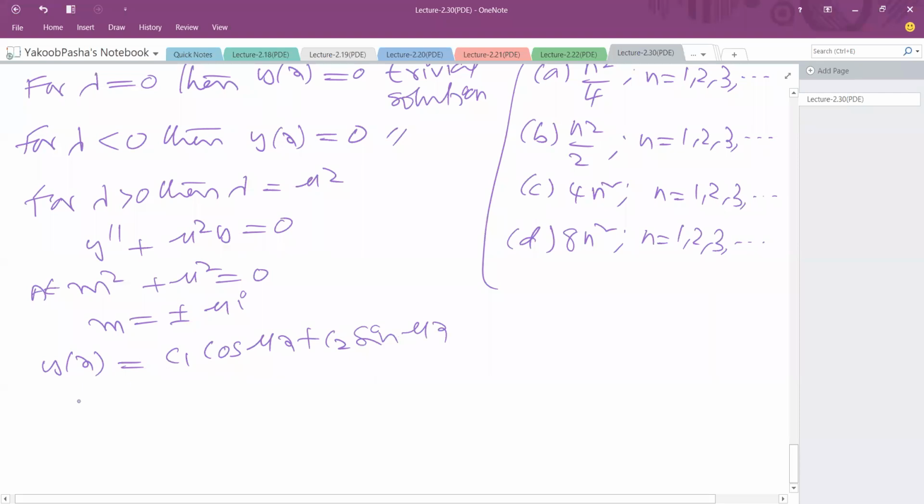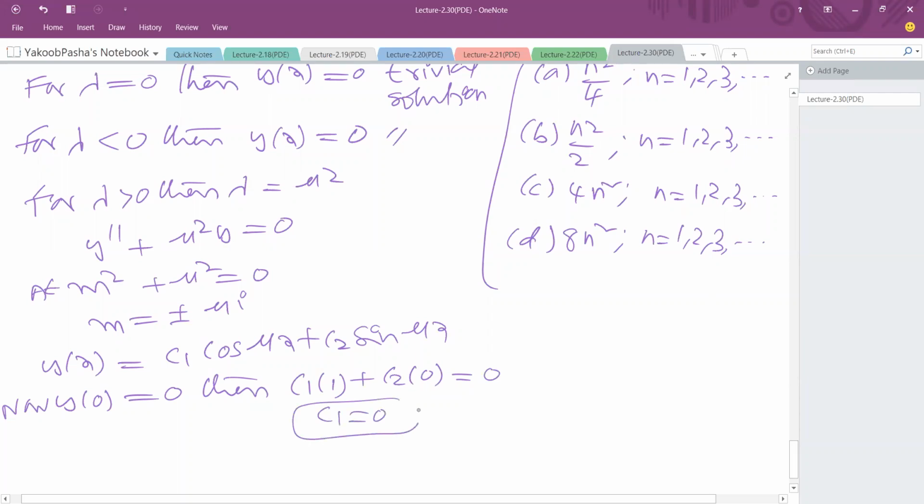Now apply the boundary conditions. y of 0 is equal to 0. Then we get c1 cos 0, which is 1, and c2 sin 0, which is 0, equal to 0. It means c1 is equal to 0.